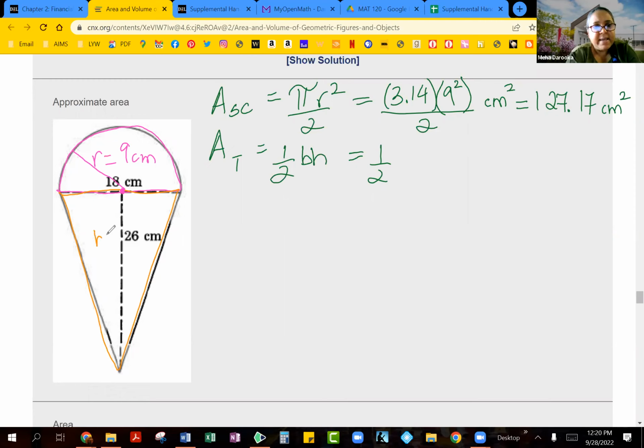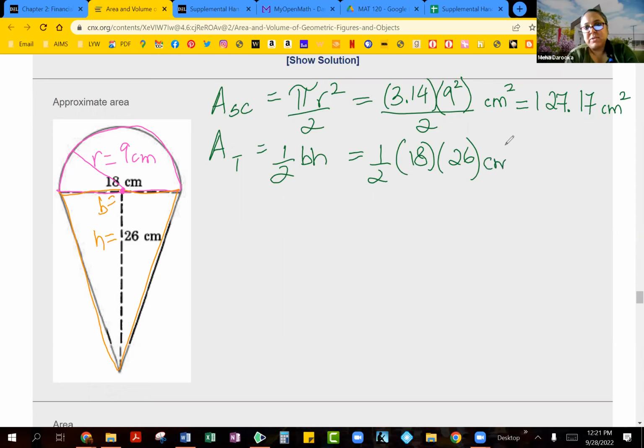So for the triangle, the height is going to be 26 centimeters. And of course, the base is going to be 18 centimeters. So this will be 1/2 multiplied by 18 multiplied by 26. And again, you can do 18 times 26 first, divide by 2, or however you want to break this down. 2 goes into 18 9 times. You can do it that way. Whatever works for you. What is the area of our triangle going to come out to be?